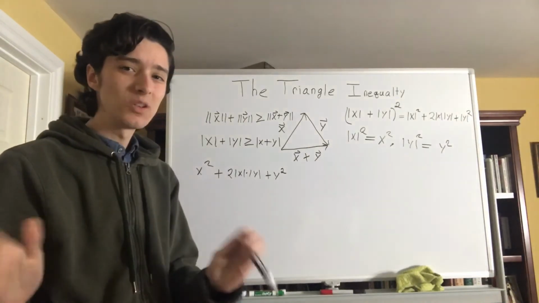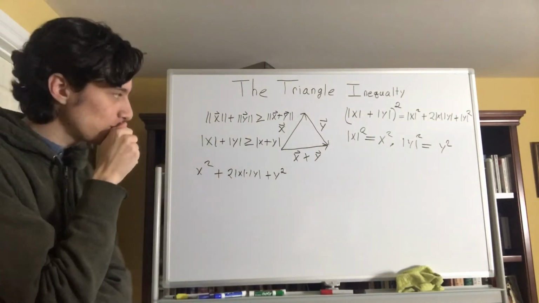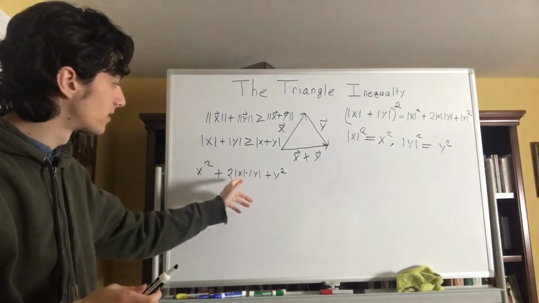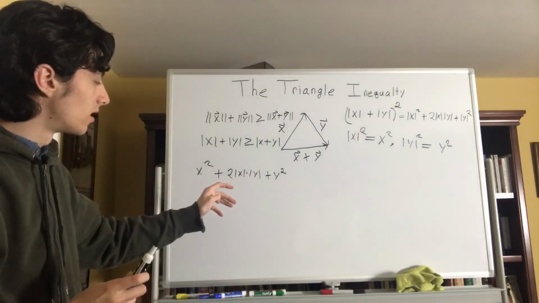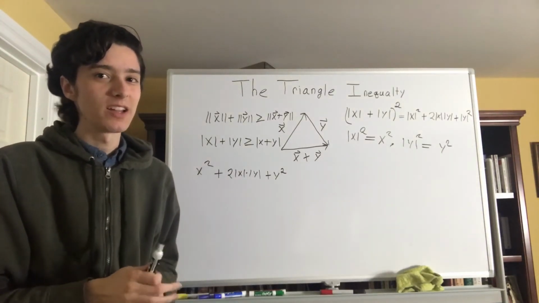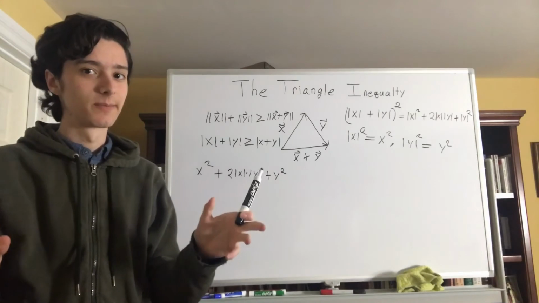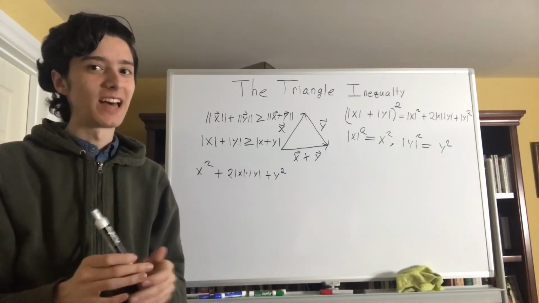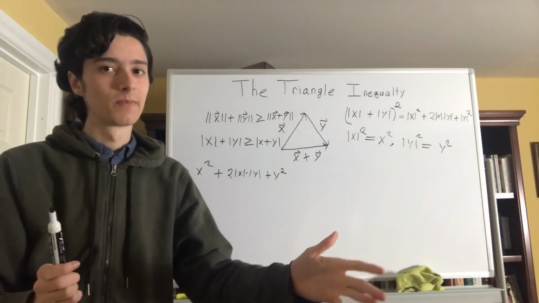So what else can we do here? Right, because we still have this absolute value of x. So let's think about it. Again, we're comparing the absolute value of x to x, right? So if x is a positive number, the absolute value of x will be the same.